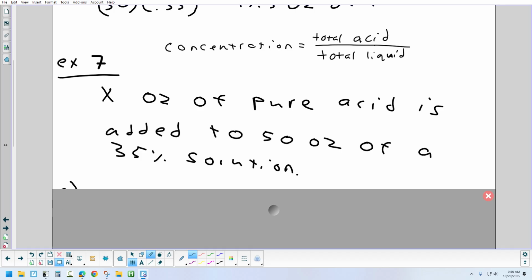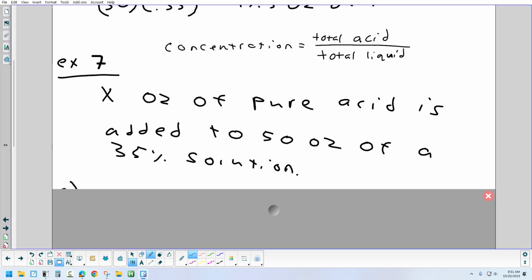Okay. So let's set this one up and see if we have time to solve it. We're going to take that same solution that we had before, 50 ounces, and right now it's at 35%. I'm going to pour X ounces of 100% pure acid into this mixture. If I do that, what's going to happen to the concentration of my mixture?